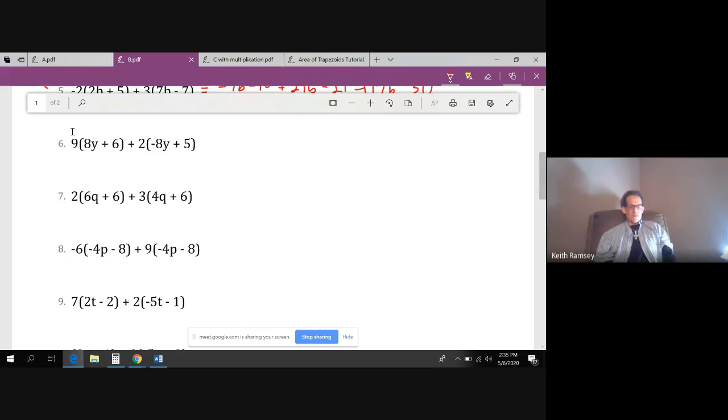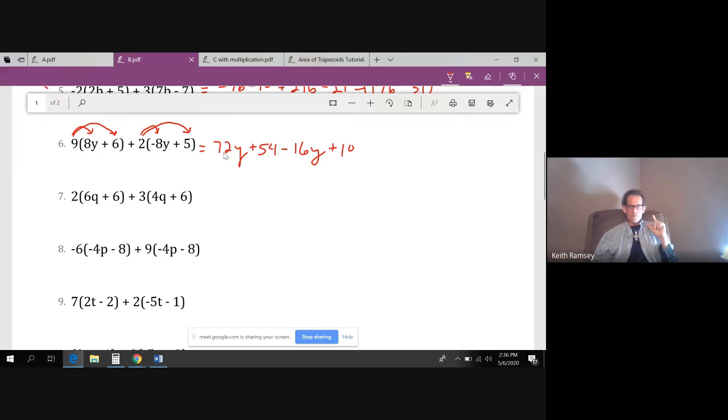So for number 6, I have 9 times 8y is 72y. Then I distribute 9 times 6 is 54. So write plus 54 because it's positive. Then I have a positive 2 times a negative 8y. So this is positive times negative is negative 16y. And I have positive 2 times positive 5 is plus 10. And then look at what goes together.